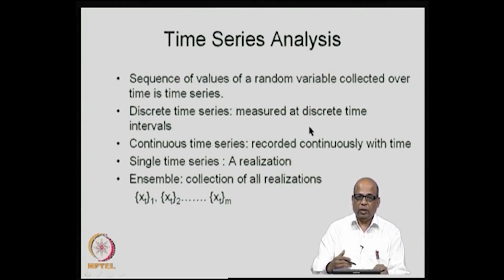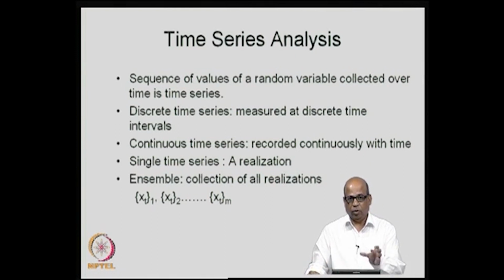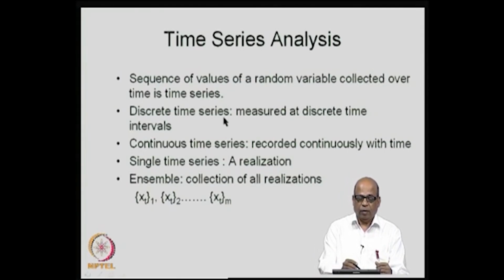Or monthly stream flows: you may be observing every day, but you average or aggregate over the month and provide a monthly stream flow value. Like this, you may have observed data at discrete time intervals. So, your delta t, or the time interval, can be 1 day, 1 week, 10 days, 1 month, 1 year, 1 season and so on.